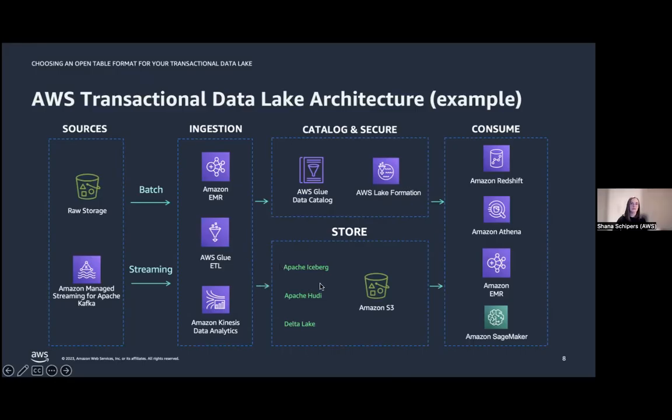It's just that now your data is stored or written in an Apache Iceberg, Hudi, or Delta Lake format when storing it on Amazon S3. So your ingestion and your consumption need to be able to write and read respectively from and into that format. But that's architecturally not changing much. So I just wanted to clarify that because it often sounds way more complicated than it actually is.